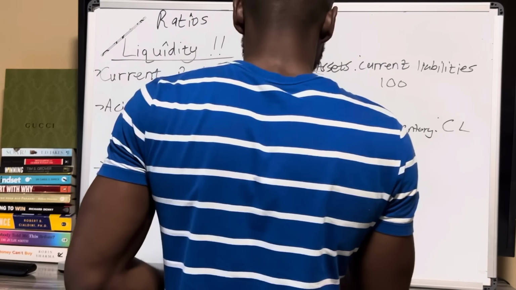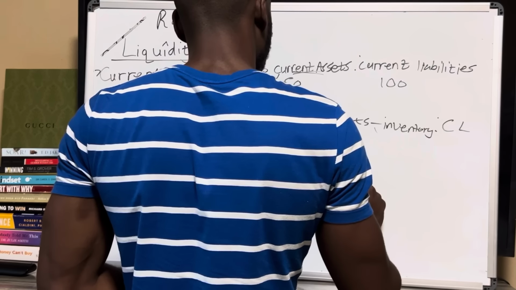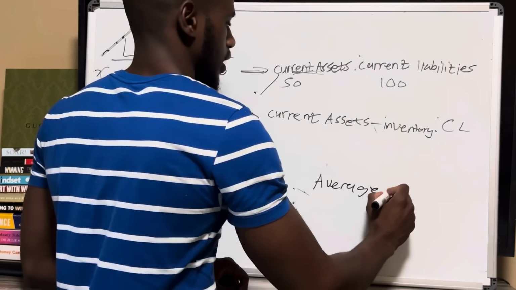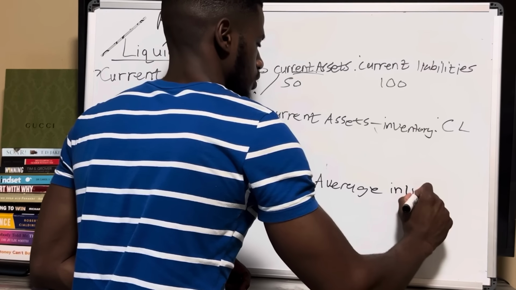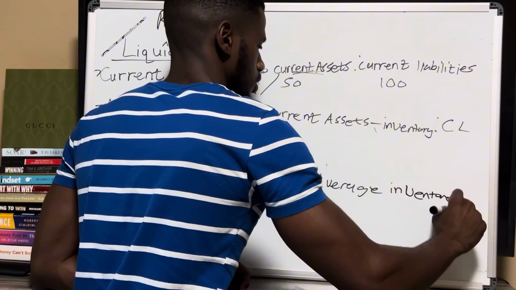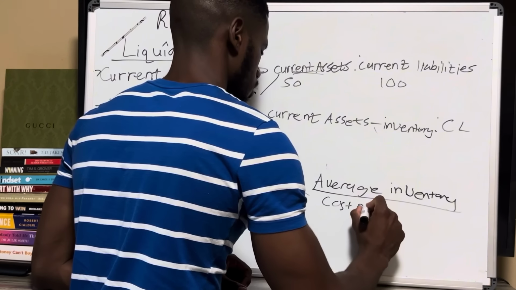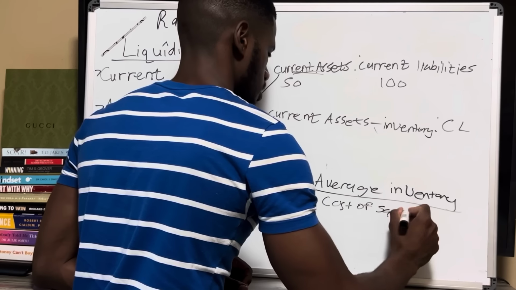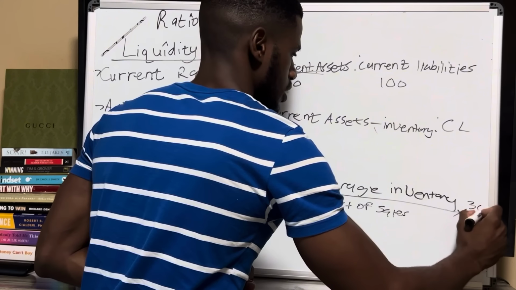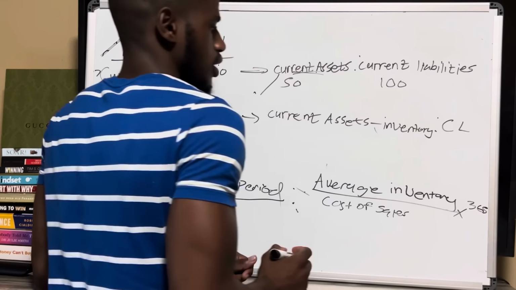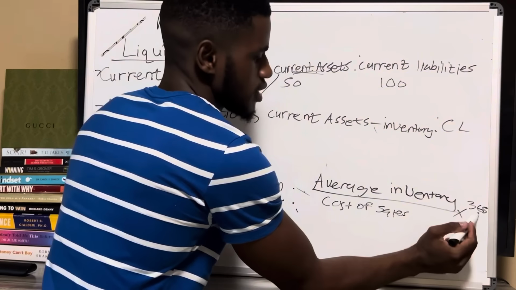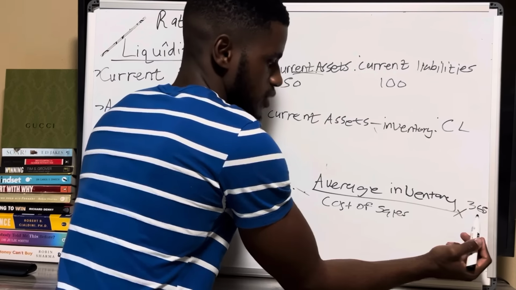Now the ratio for this one is going to be average inventory over cost of sales times 365. Sometimes it's not times 365, sometimes it's times 12.